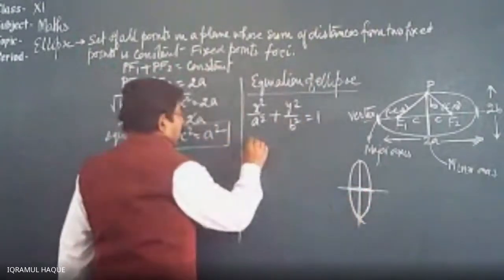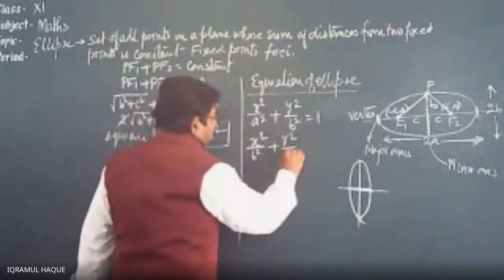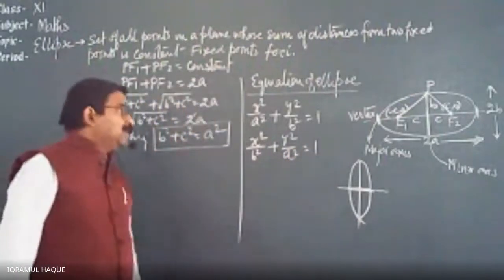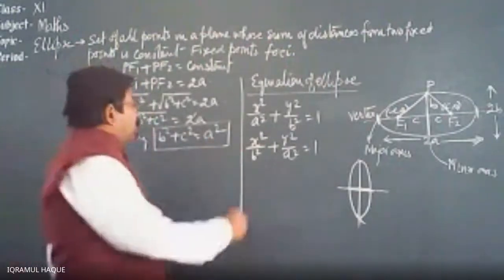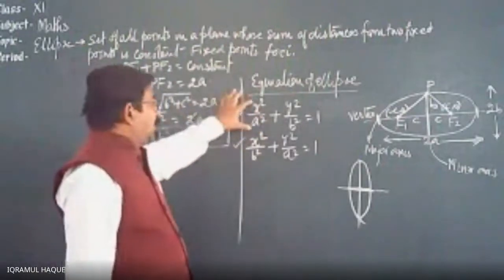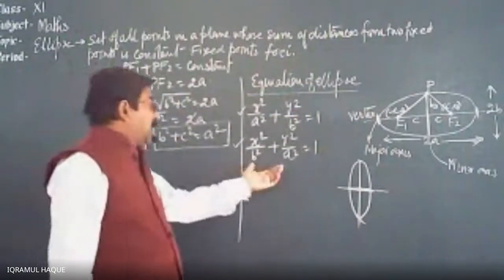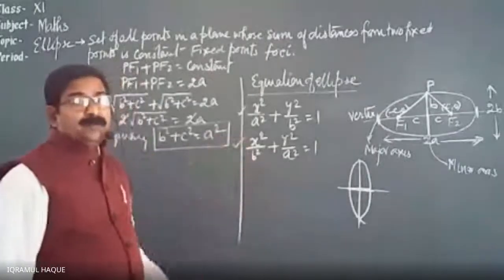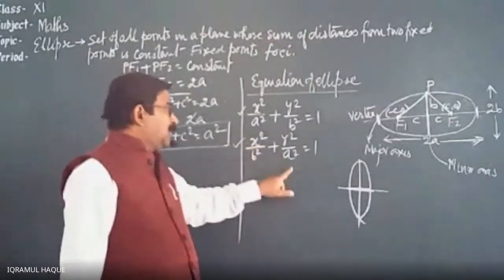So we have the formula x square upon b square plus y square upon a square is equal to 1, where a is the semi-major axis and b is the semi-minor axis. So you have to memorize these two formulae. This is the standard formula: x square upon a square plus y square upon b square is equal to 1. This is the case when the ellipse is along the y-axis, meaning its major axis is on the y-axis. So we have x square upon b square plus y square upon a square is equal to 1.